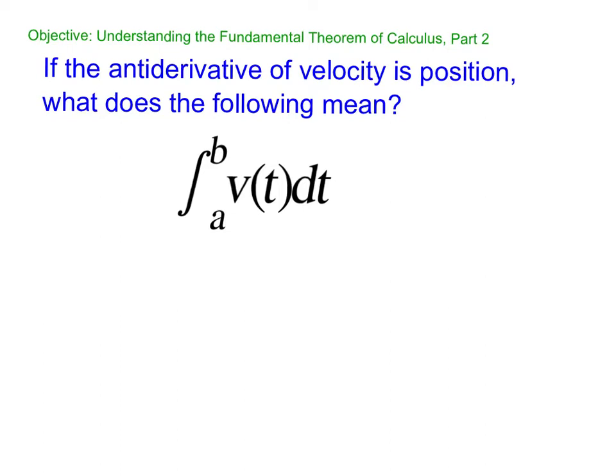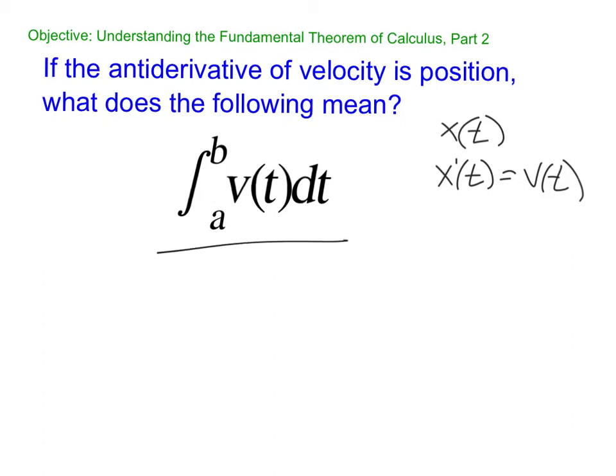Okay. If the antiderivative of velocity is position, what do you think this means? If we have position, its derivative is velocity. So if we're going backwards, what do you think the integral represents?